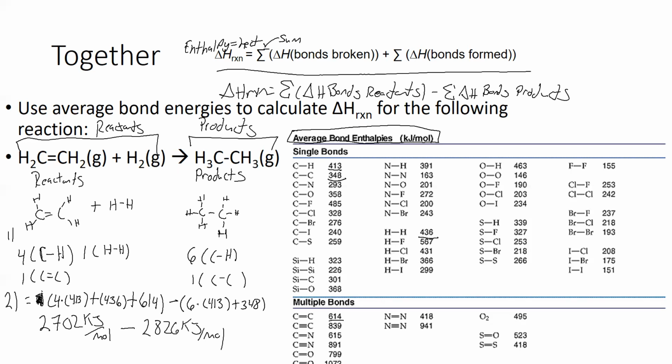What is on the left side of the equals? That's a 2 with a half parenthesis saying step 2. All right, so we got the energies. Now we just subtract them. 2702 minus 2826.